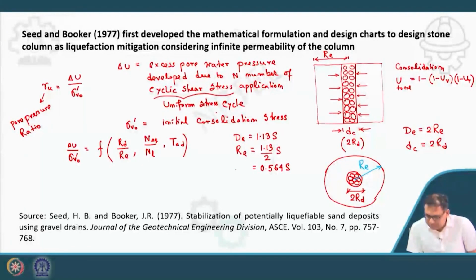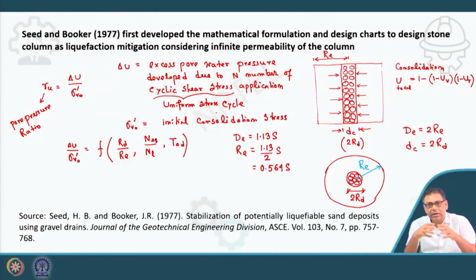So that means RE is a function of S, and obviously if your S increases, then the travel path will increase. So the time to dissipate the excess pore water pressure will also increase. So that means this RU value, which is the ΔU by sigma V dash, should be a function of S. So that is a function of RE, as well as a function of the drain diameter, because with a larger diameter your effectiveness will be more. Okay.